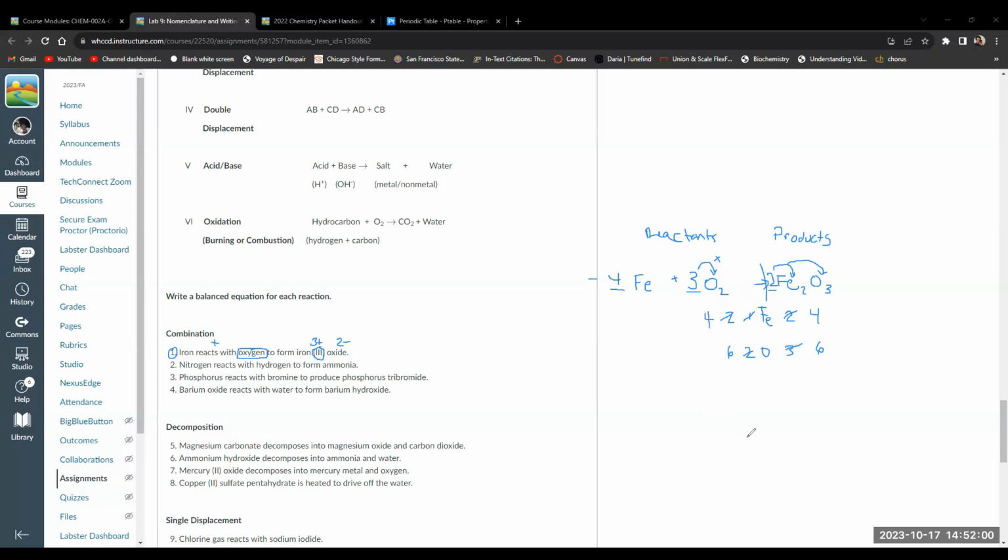So the final answer for this one would be... That is the balanced equation for this reaction.